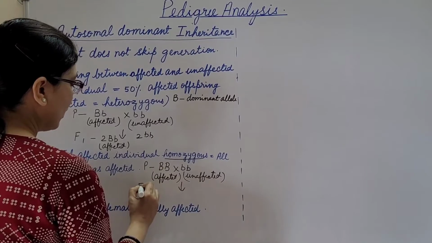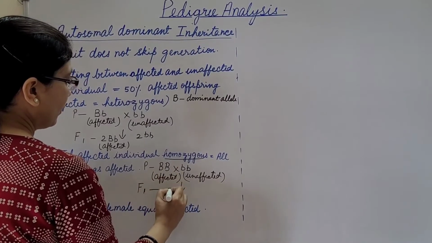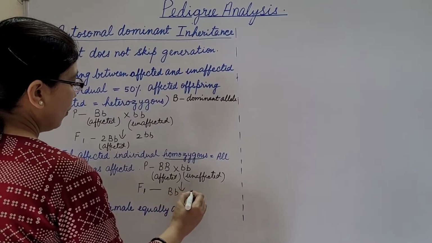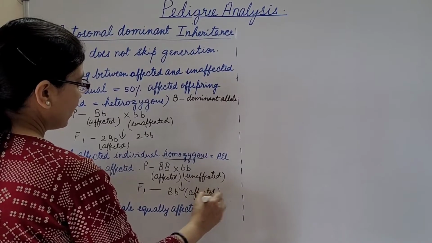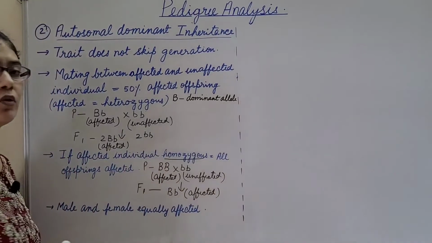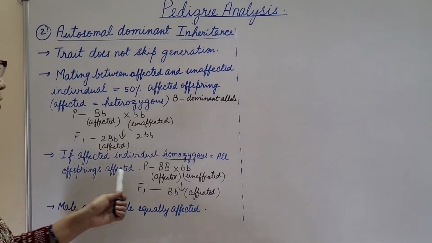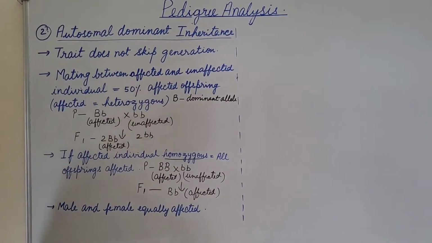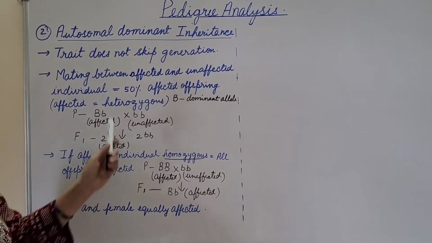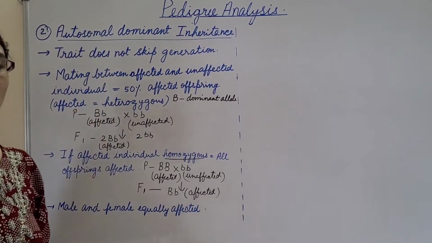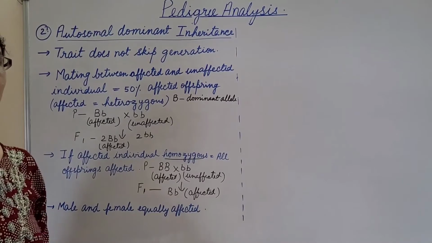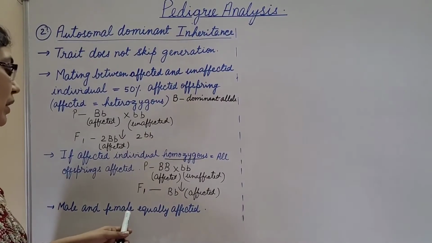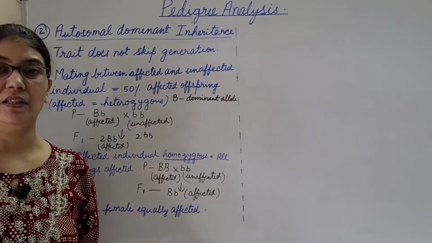The F1 generation that we get are all affected. These are heterozygous and affected. So if the affected individual is homozygous, then all the offspring are affected. And since here the inheritance is of an autosomal dominant gene, it occurs in both male and female equally, or male and female are equally affected.